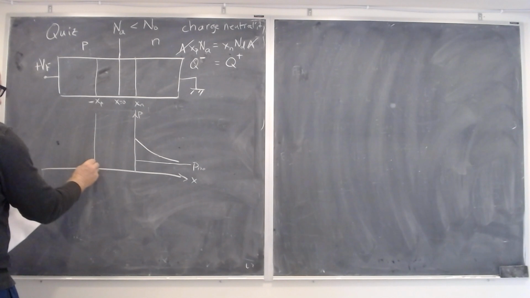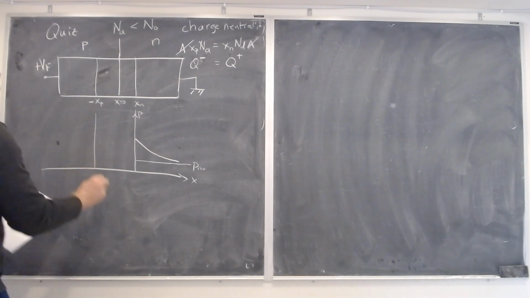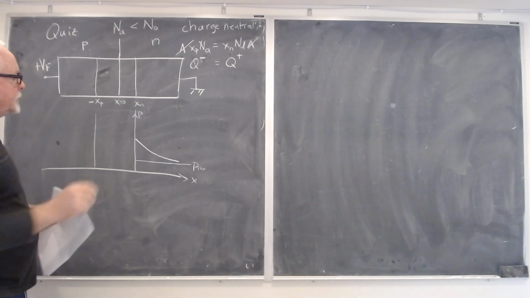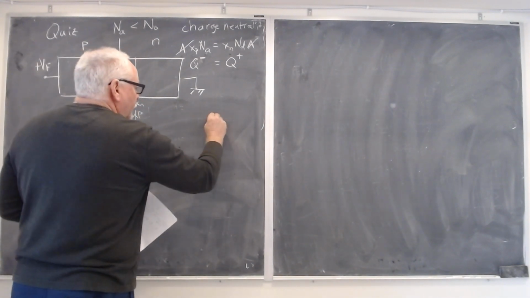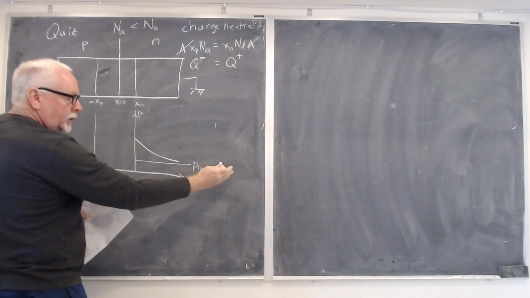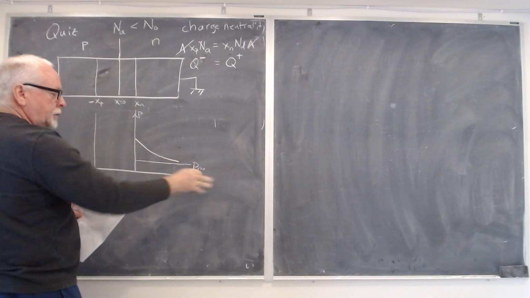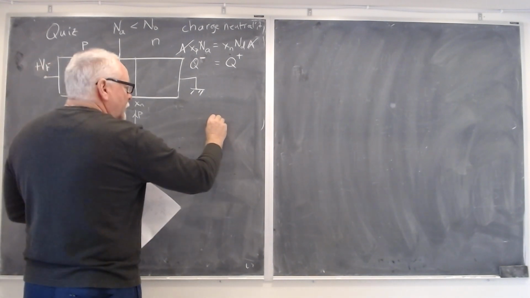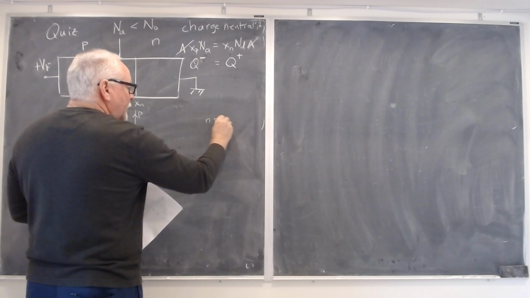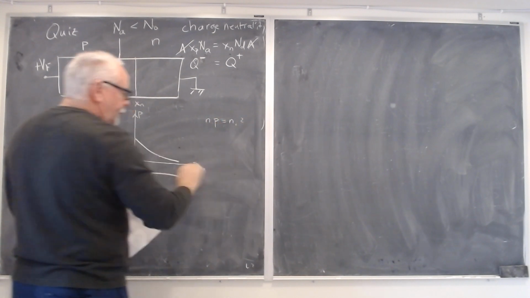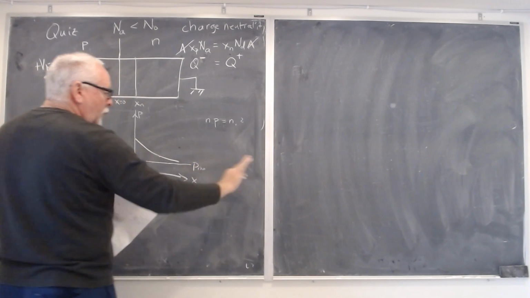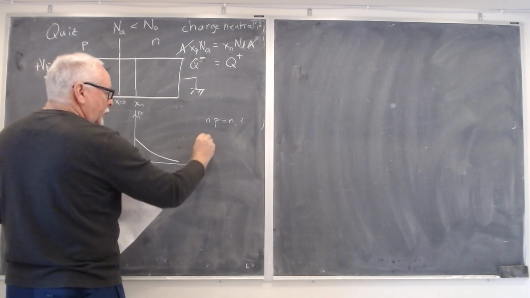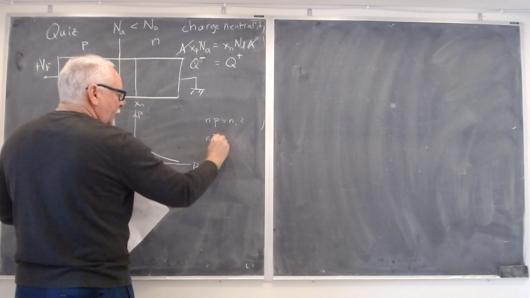Now let's do our diagram. So Pn0: remember, we're out here in equilibrium, far away from the junction. So n times p is Ni squared, far away from the junction. So far away from the junction, out here, n is approximately equal to Nd.